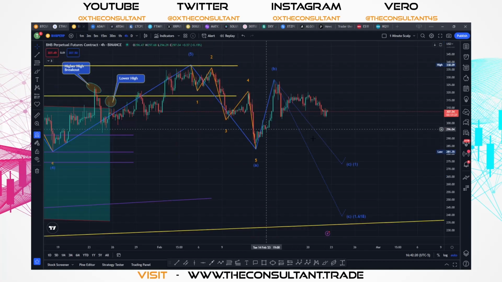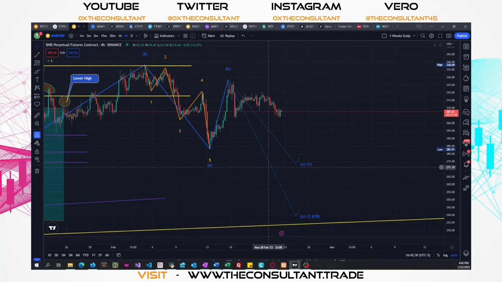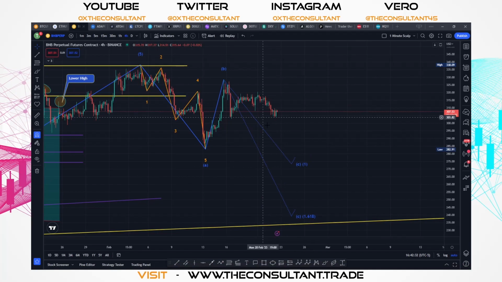So BNB is in the same situation. 4 hour chart, we got leg A, we got leg B here. Leg C is definitely looking to be about the same.